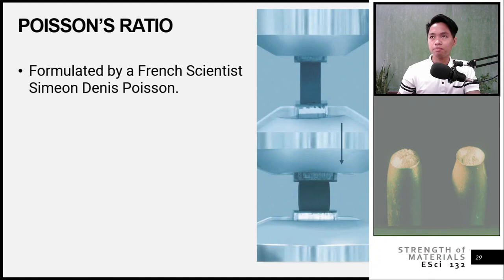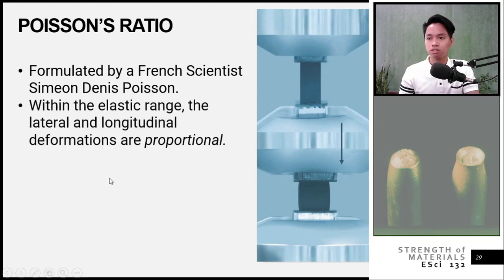Another example is a sponge or a rubber, the same as in the figure. If you compress a big sponge or rubber, it becomes shorter, it contracts, but the other dimension widens. That is the simple logic to relate to Poisson's ratio. So what exactly is Poisson's ratio?